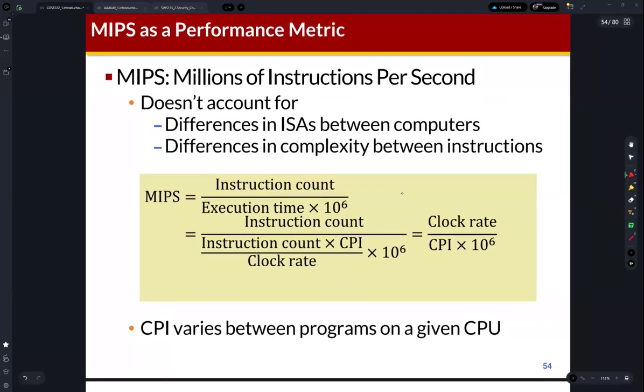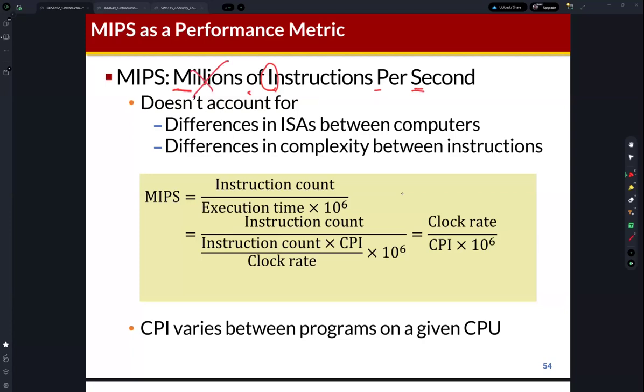So this is another example of a performance metric, MIPS. MIPS represents millions of instructions per second. If we understand the definition of a performance metric, then we can calculate it.